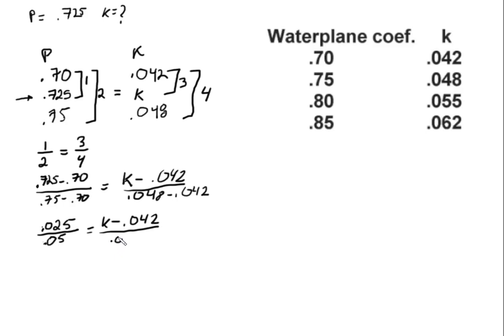If you can't do that in your head on a test, I suggest you use the calculator. Now I've got to get rid of the 0.006, so I'm going to multiply both sides by 0.006.